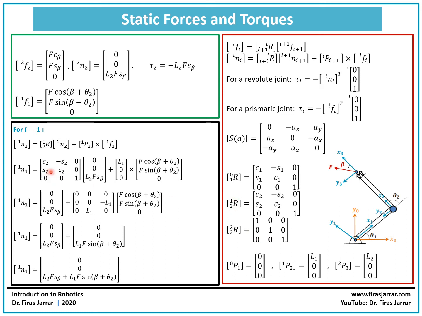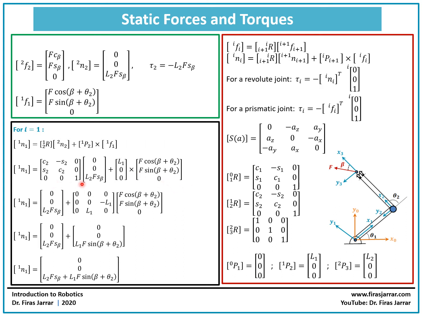We have it here. N2 was computed previously, and plus L1, the P21, also we have it, the position of frame 2 with respect to frame 1. We bring it here, and F1 was previously computed to be as follows.